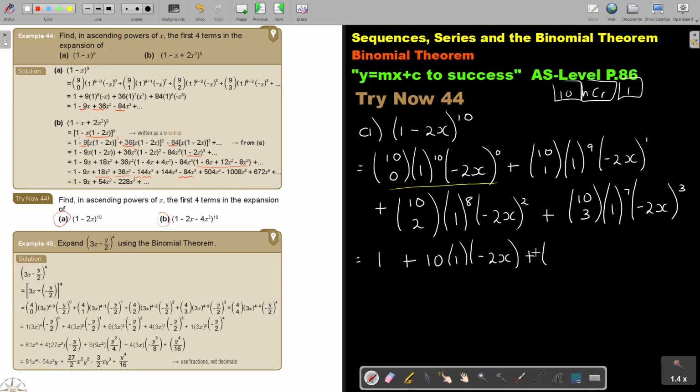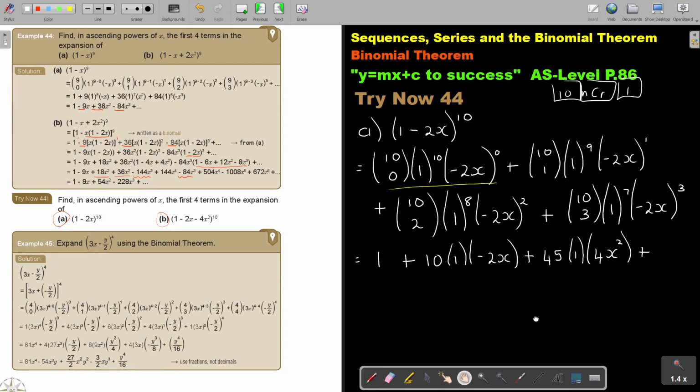Plus, now again press that key, so it's 10C2 equals, now this is 45, I prefer to write it without a bracket. Okay, and then it's again that just 1, don't even have to write it, just be careful. And negative 2 times negative 2 is positive 4, and x times x is x squared.